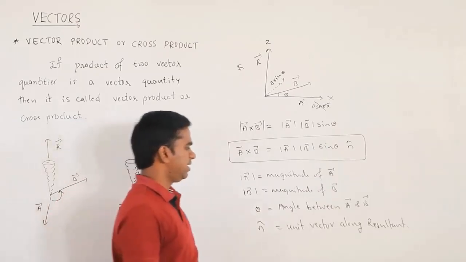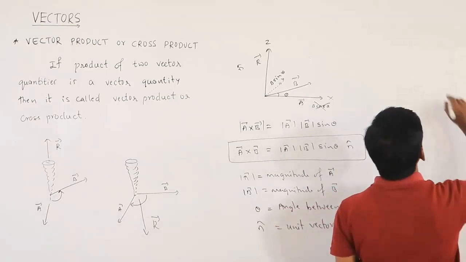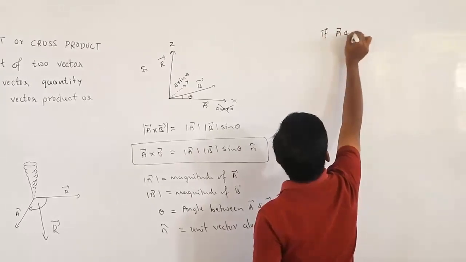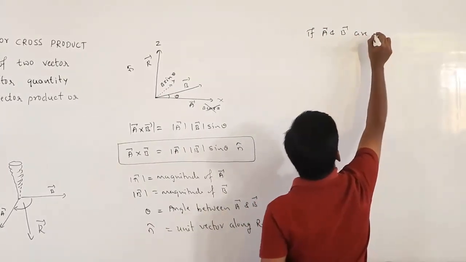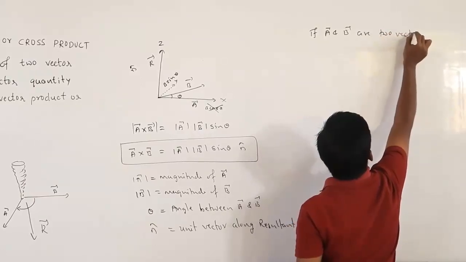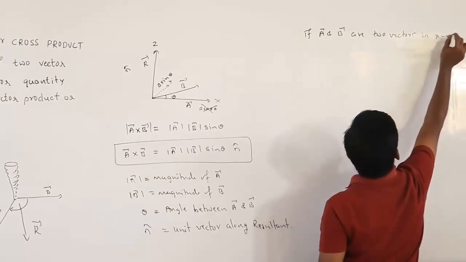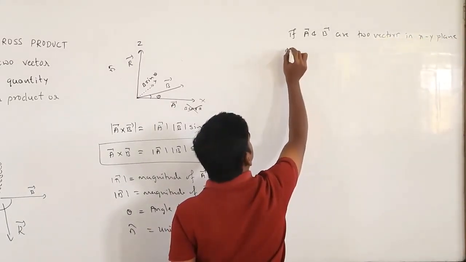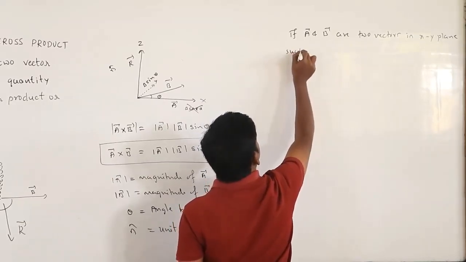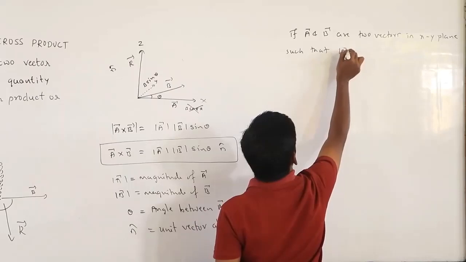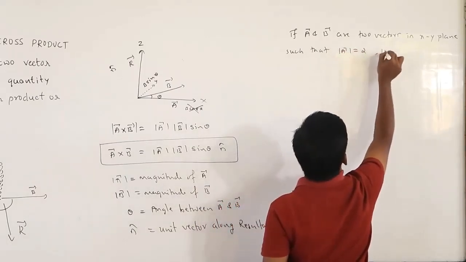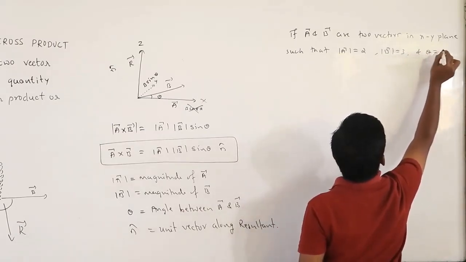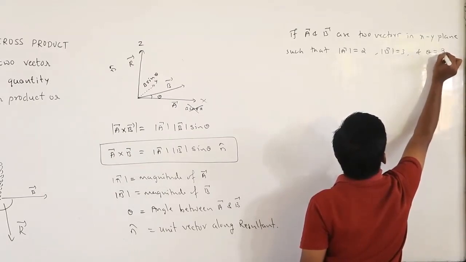Okay, so suppose I take an example: if A and B are two vectors in the xy plane, such that magnitude of A equals 2 and magnitude of B equals 3, and the angle between them theta is equal to say 30 degrees.